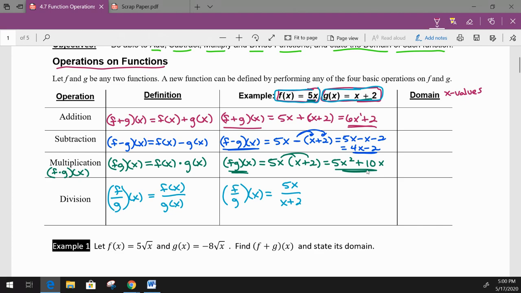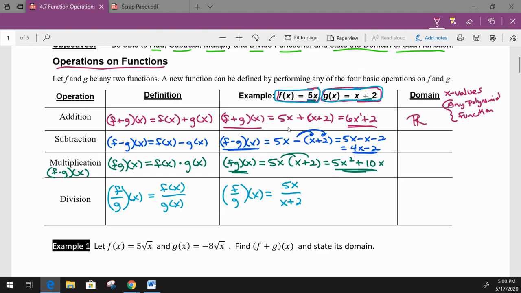If you have a quadratic function, like the one that we got when we multiplied, if you have any polynomial equation, so we could probably make a note here, any polynomial function has a domain of all real numbers.